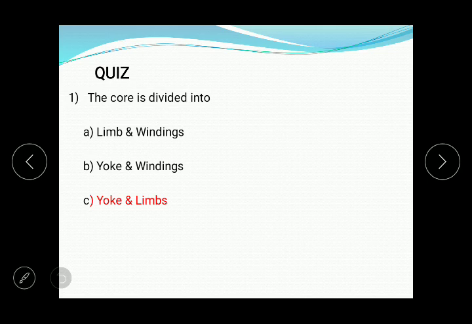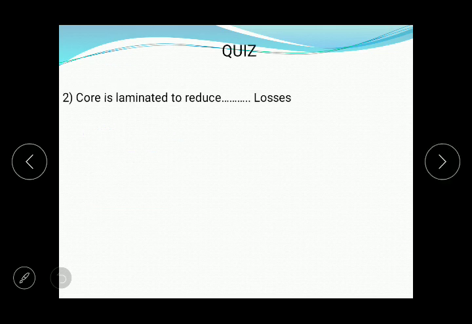That is the answer. The core is laminated. Why is the core laminated? To reduce the eddy current losses.